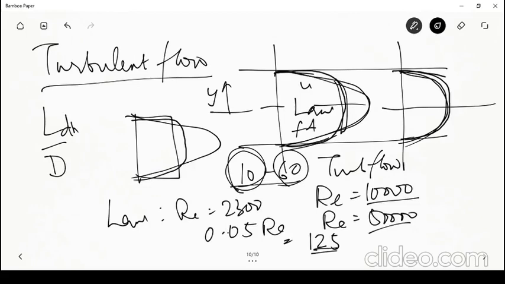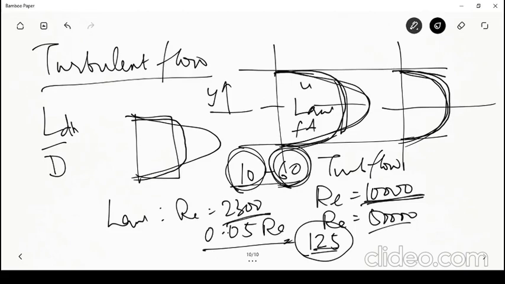Okay, so you can look at the comparison. This is actually the comparison of L_DH by D, or L_DH by 2H, let us say, is a maximum of 125 in laminar flow. But when it goes to turbulent flow, it jumps to about 60 in the range of Reynolds number of about 10,000.